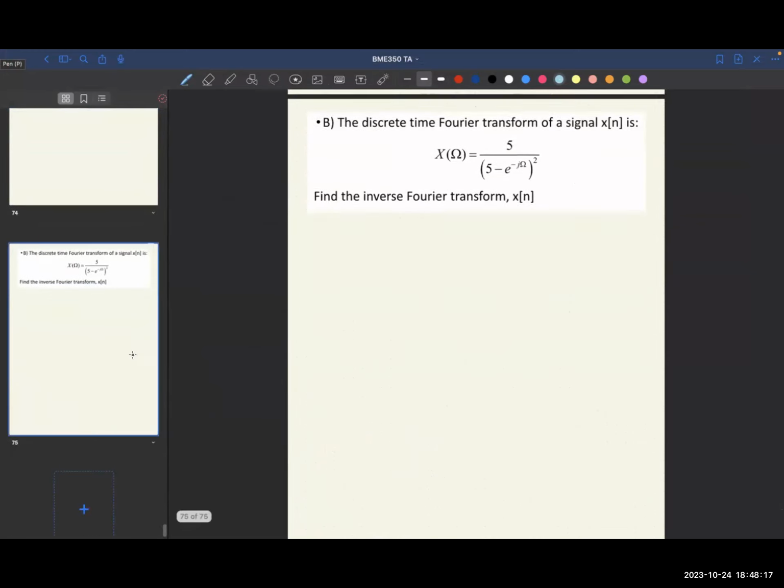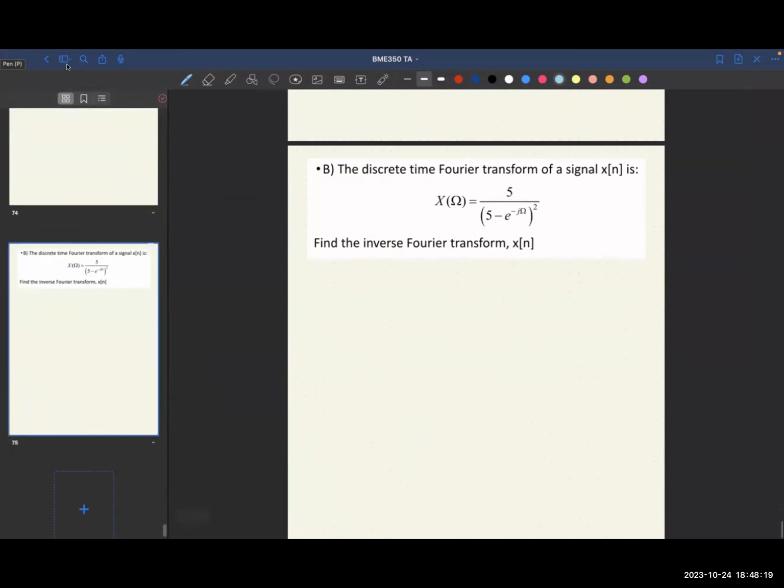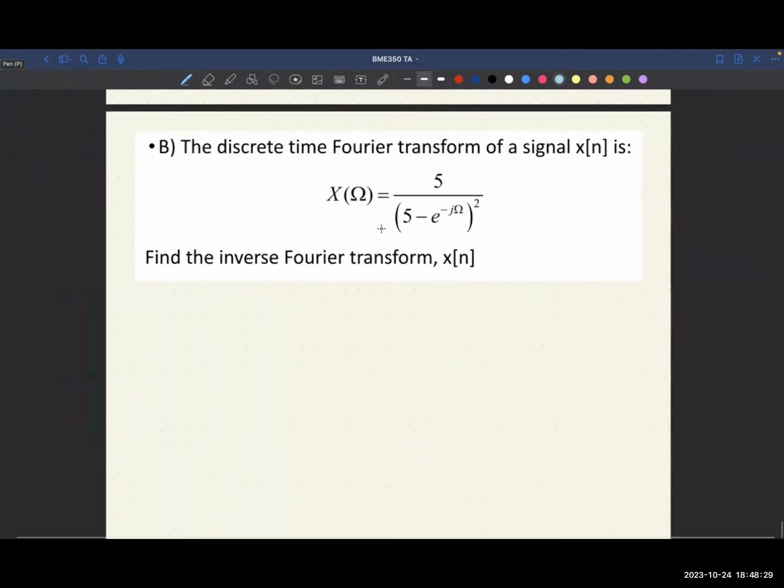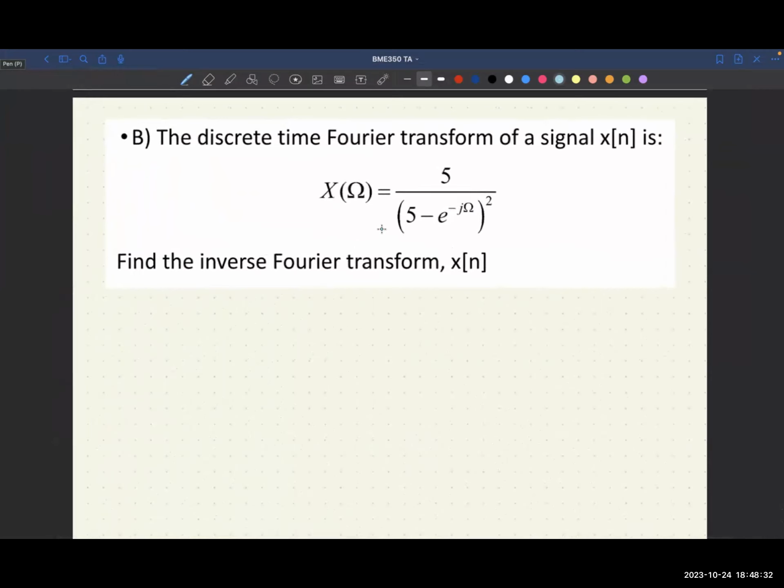Okay, but now let's look at this question. We're still in discrete time Fourier transform, but instead of just doing the normal discrete time Fourier transform, this time we'll have to do the inverse Fourier transform to find x n.